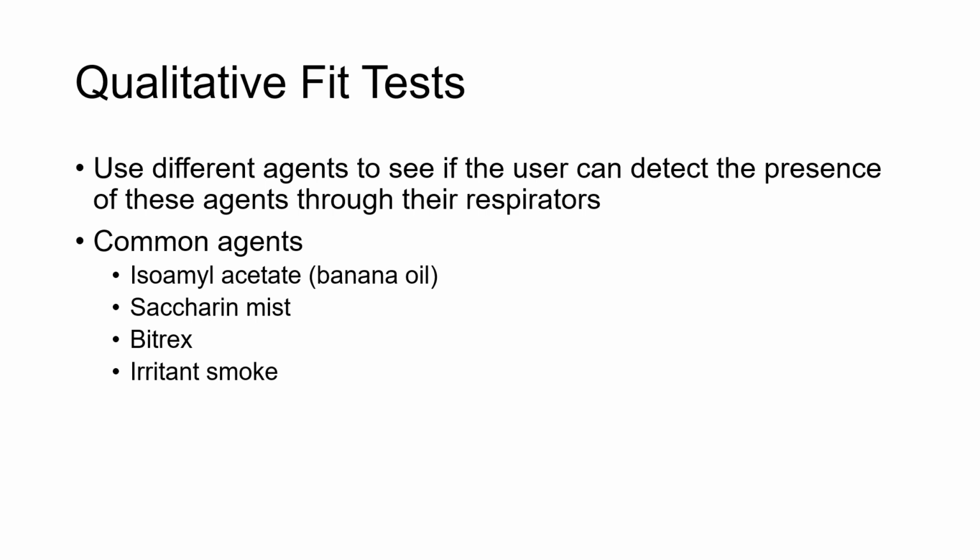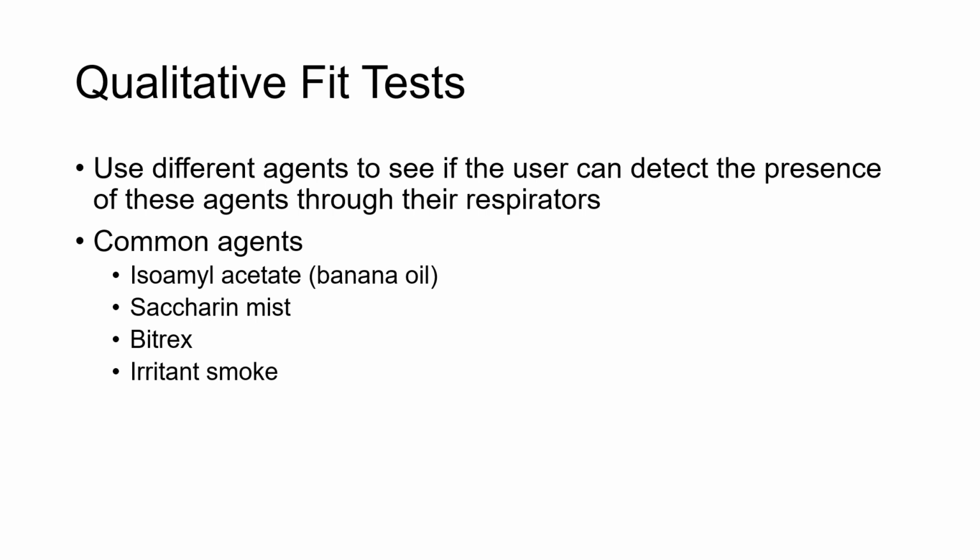Qualitative fit tests involve the use of different agents to see if the user can detect the presence of these agents. In this case, you're not measuring anything, but you are introducing something into the air and asking the wearer if they can detect the agents. Some common things they use are banana oil, which they'll be able to smell, and saccharine mist, where they can taste sweetness through the mist.